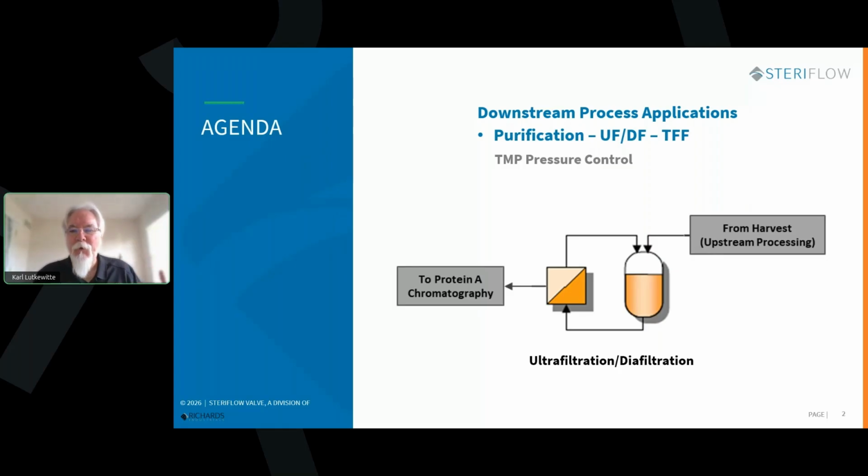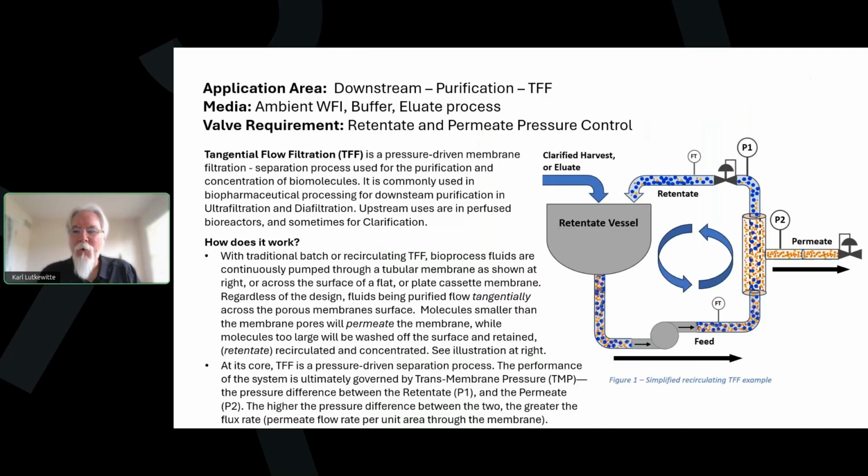Tangential flow filtration, TFF, is a pressure-driven membrane filtration separation process that's commonly used for downstream purification and concentration of biomolecules in ultrafiltration and diafiltration. It is also sometimes used upstream in perfused bioreactors and also, not as often, but in clarification, although that is becoming more frequent as TFF systems evolve.